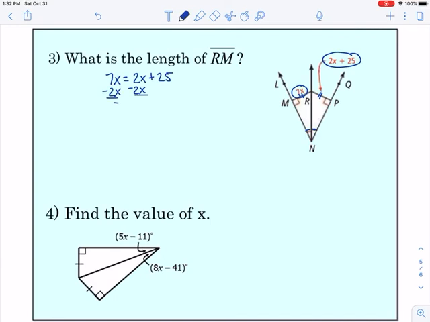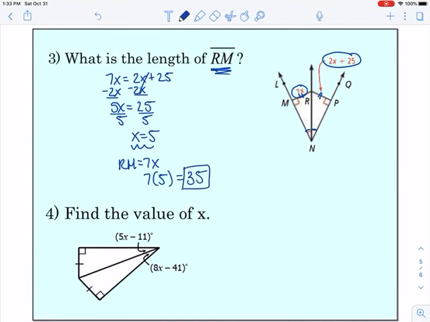Subtract 2x from both sides, and I'm going to have 5x equals 25. Divide both sides by 5, and x is going to equal 5. It didn't ask me to find x, though. It asked me to find the length of RM, so I need to take that x and plug it back into 7x, or 7 times 5, which is 35.